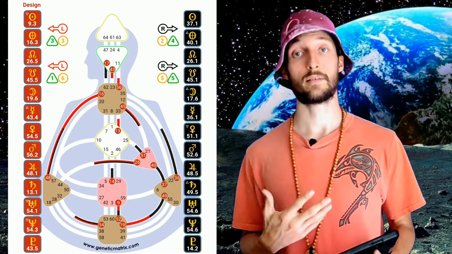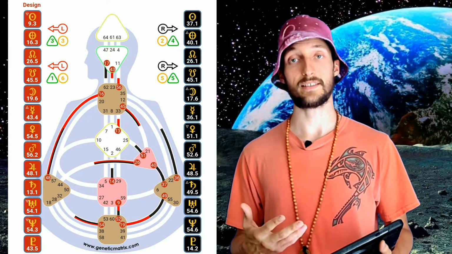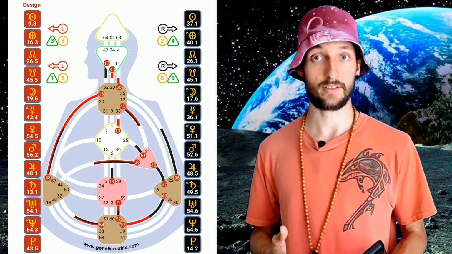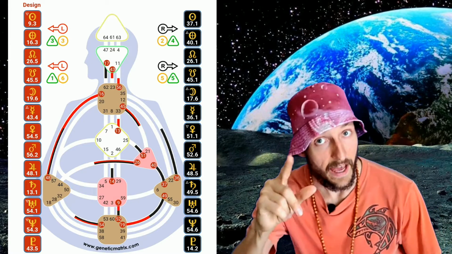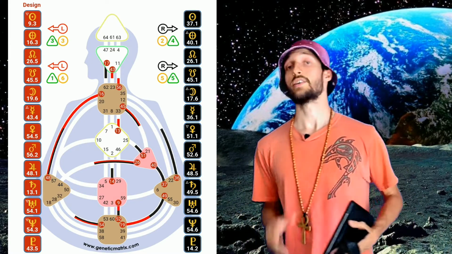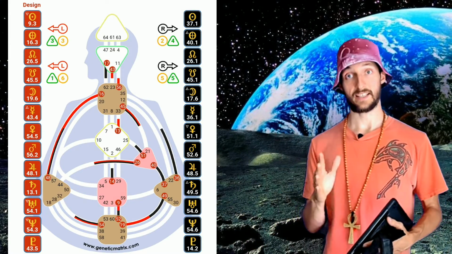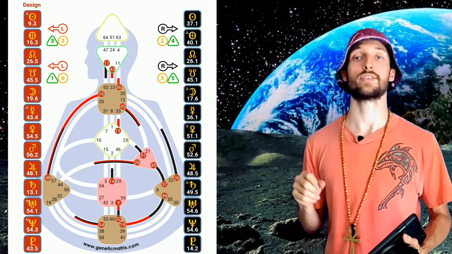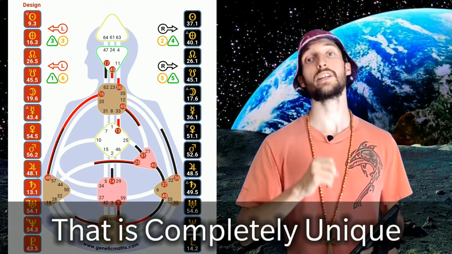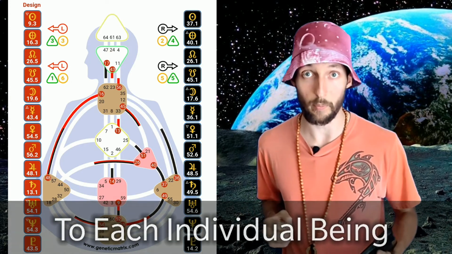And we've been utilizing this system evolutionarily ever since. However, it changes over time. And that's what this knowledge is about. Human design and rave sciences are bringing into light a whole new dimension of perception that is completely unique to each individual being.